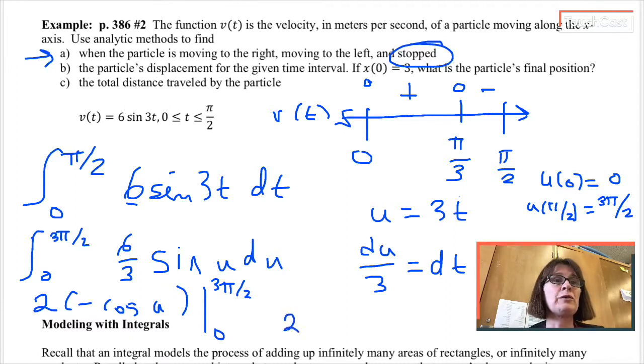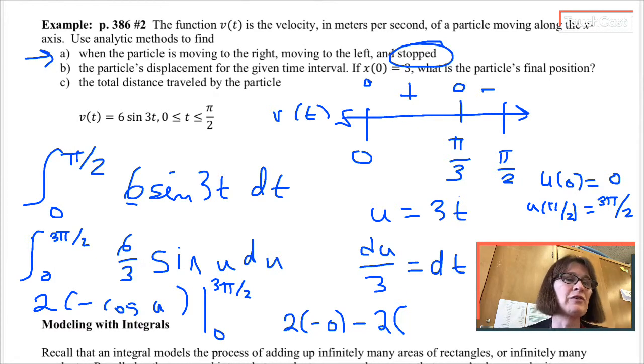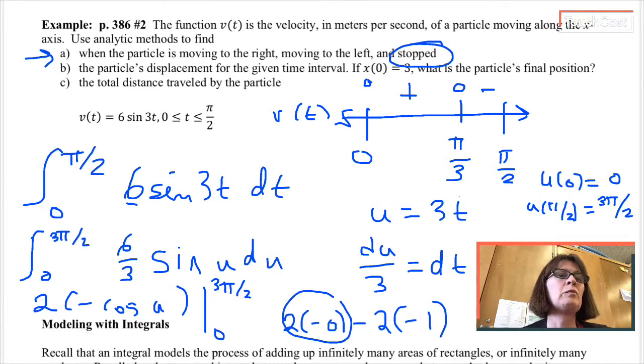So it's going to be 2 times negative 0 minus 2 times the negative cosine of 0, which is negative 1. So that's going to be 0 minus negative 2 to make 2. So the displacement is 2.